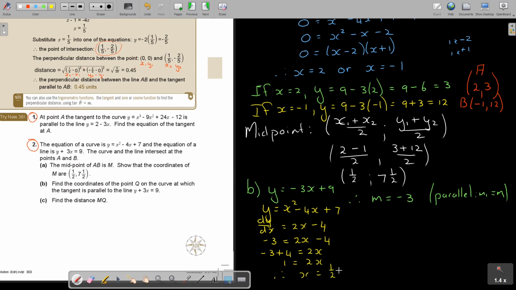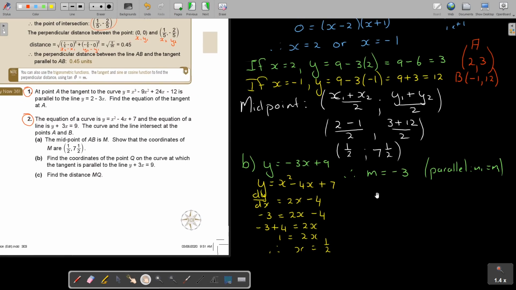Okay, and now I must find the coordinate of q, so I must still find the value of y. So if x is a half, always in the original, this is your original, then y is equal to a half squared minus 4 times a half plus 7.